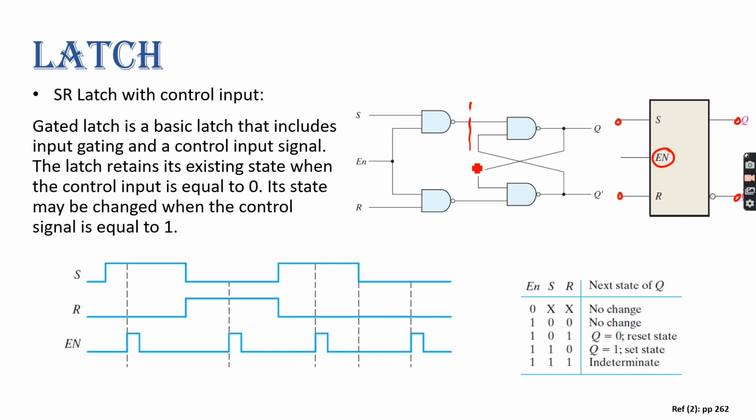If you see this dashed line, this is the SR latch we just studied, and this portion is the added section that is used for the extra control that we might require for several applications. So previously we have learned about the enable condition. Can you remember where we used that one?